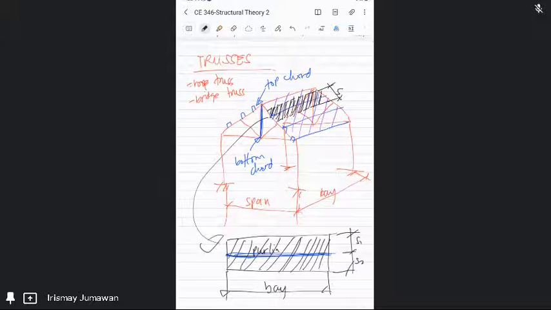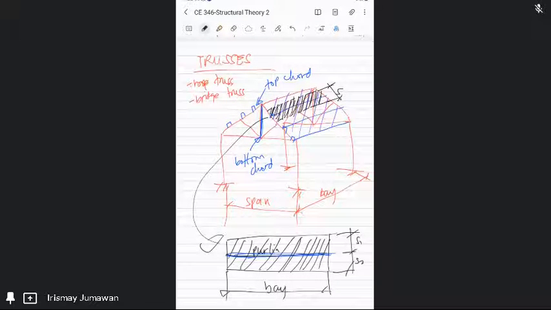The bottom chord carries the same loads, plus mechanical, MEP, mechanical or electrical forces. All the loads you can find, you apply to the top chord and bottom chord. Then you also have the diagonal members and the vertical members. The one in the middle is called the king post. So those are the members of the truss.